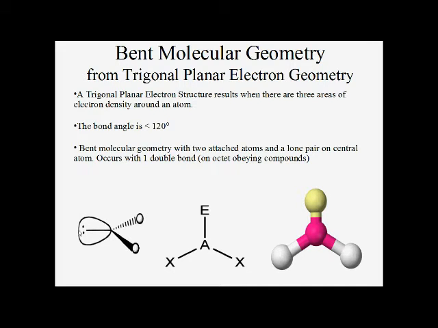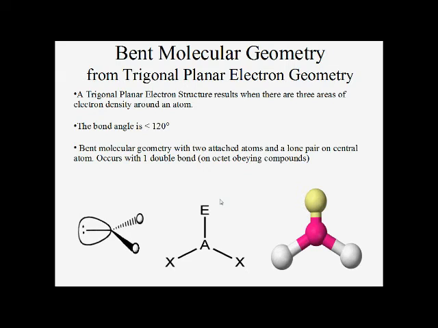The lone pair, though, since that pair of electrons is not being shared or pulled toward another atom, actually takes up a little bit more space. It doesn't literally stick out of the molecule as this diagram shows, or this one over here, but it's in that central atom holding the shape of that trigonal planar electron geometry.